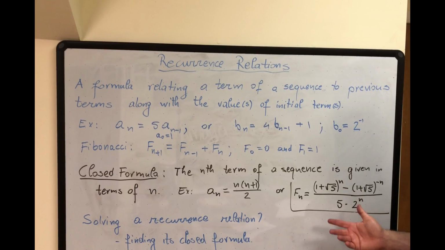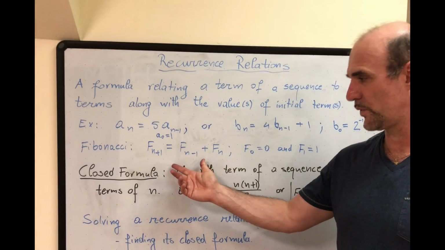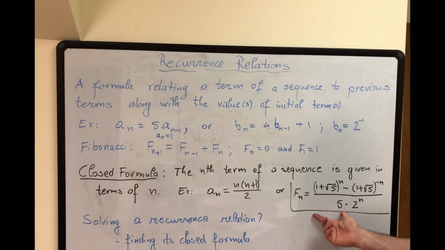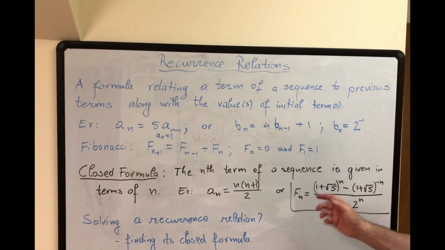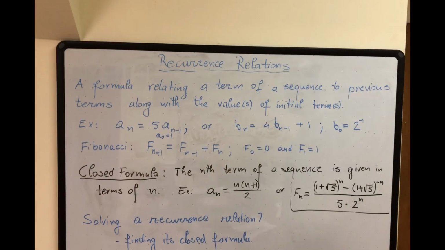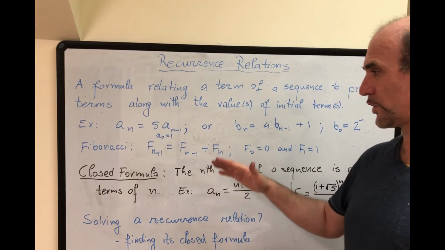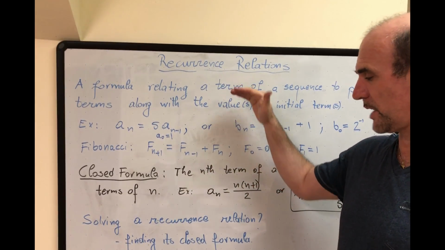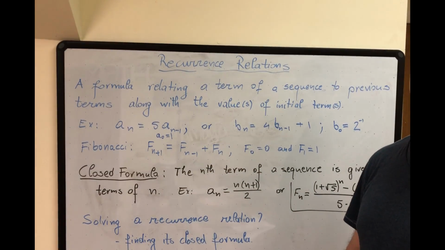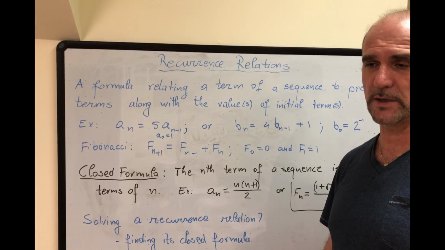As you can see, it's not easy to go from the definition of Fibonacci to the closed formula. But that's exactly what it means to solve a recurrence relation. When you are able to start with a recurrence relation and find from it the closed formula of that sequence, that means you have solved the recurrence relation.